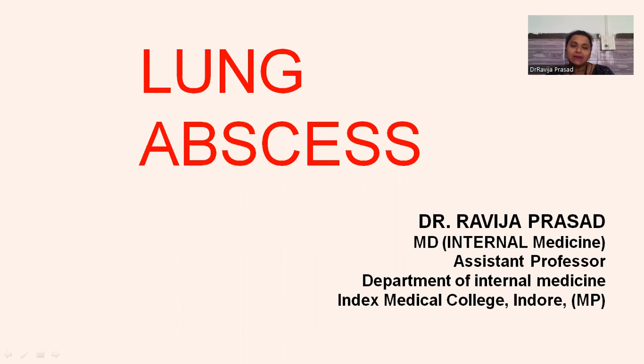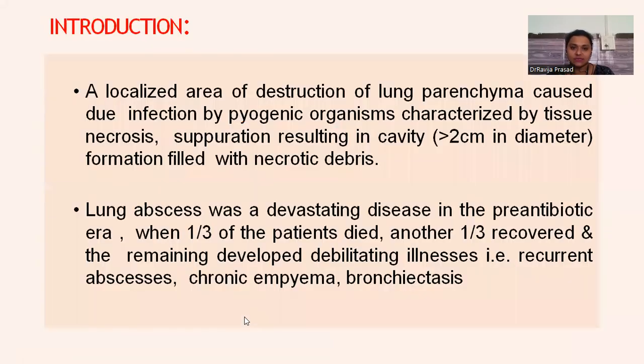The second respiratory illness we're going to study today is lung abscess. What do you mean by lung abscess? Lung abscess is a localized area of destruction of lung parenchyma due to infection by pyogenic organisms, characterized by tissue necrosis and suppuration, resulting in a cavity more than 2 centimeters in diameter, filled by necrotic debris.